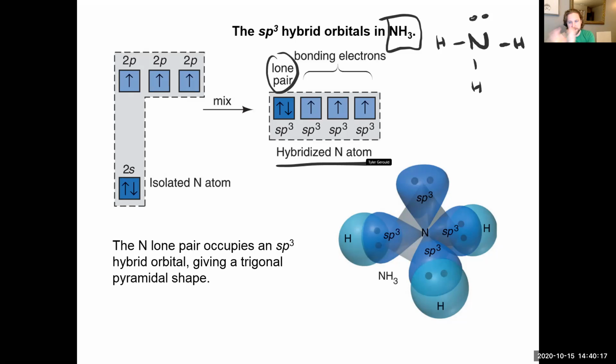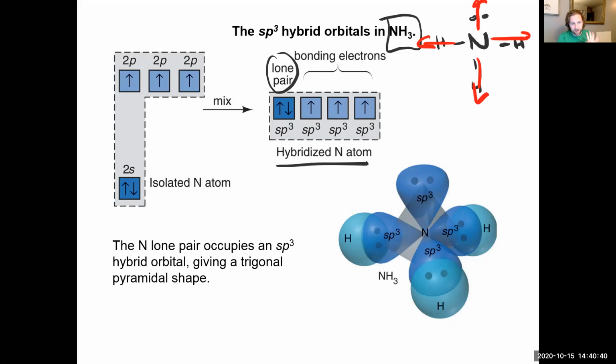So the lone pairs exist in the same type of orbitals as the bonding orbitals. So when I look at just the Lewis structure in the top right corner, there's still 4 domains coming off of it. 1, 2, 3 bonding domains, and a 4th non-bonding domain.